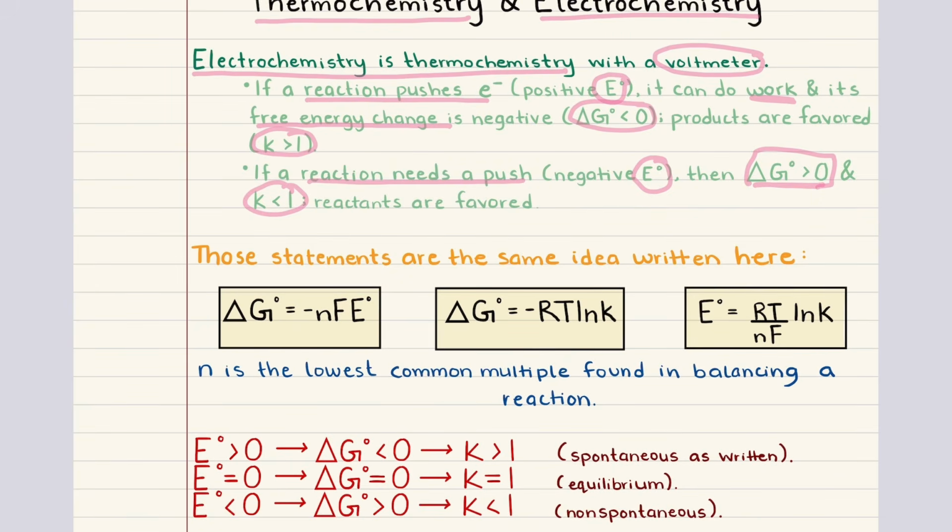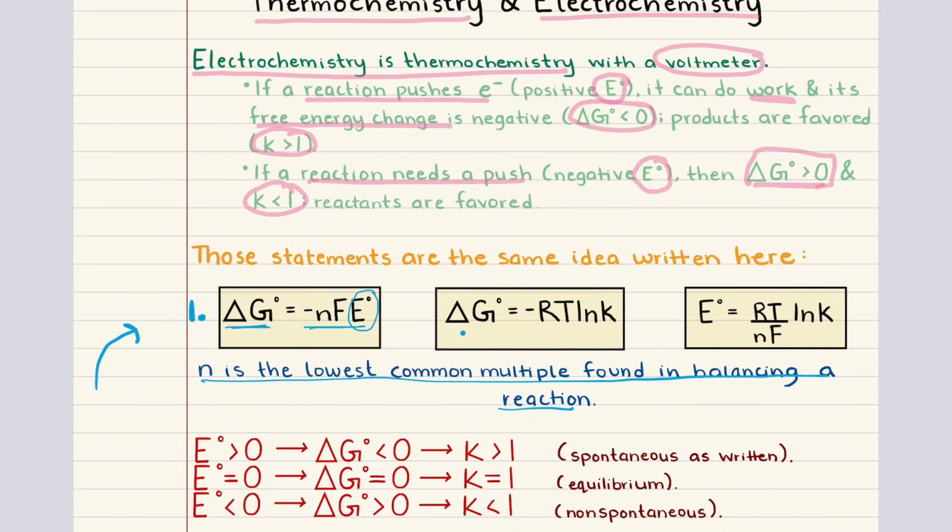All of this is summarized mathematically through 3 key relationships. The first is delta G naught equals negative N times F times E naught. This tells us that the standard free energy change is directly related to the cell potential, where N is the number of moles of electrons transferred in the balanced redox reaction, and F is Faraday's constant.